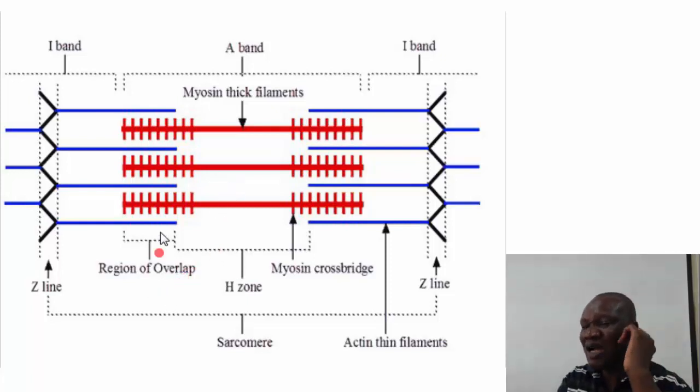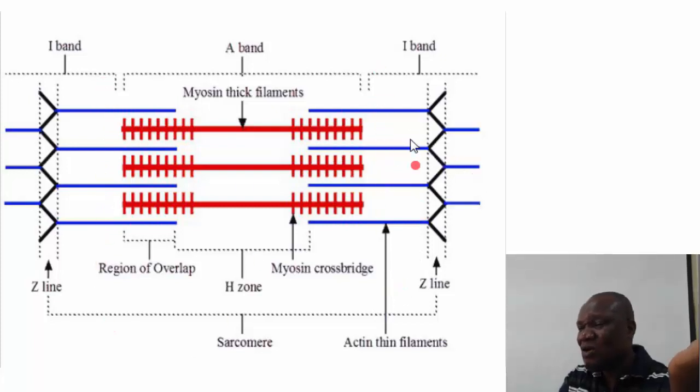Now we have another band made up of just thin filaments. The region of the muscle made up of just thin filaments is called the I band. We have the I band here because it's just thin filaments.